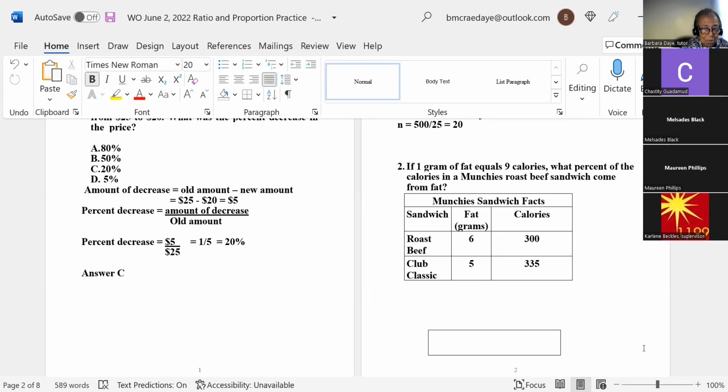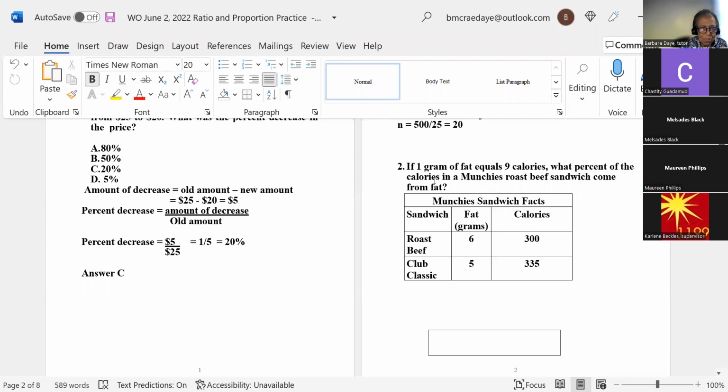If 1 gram of fat equals 9 calories, what percent of the calories in a munchies roast beef sandwich come from fat.